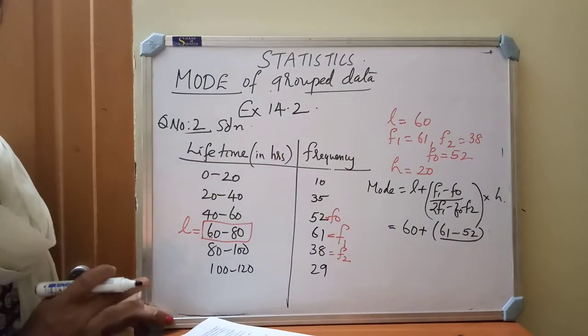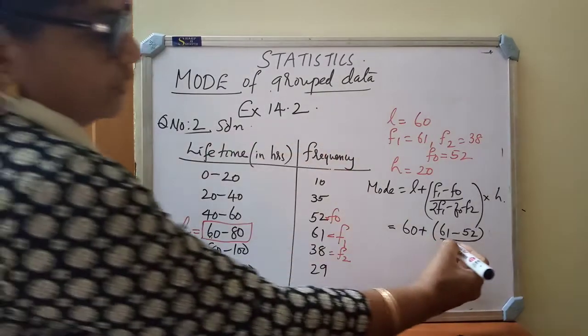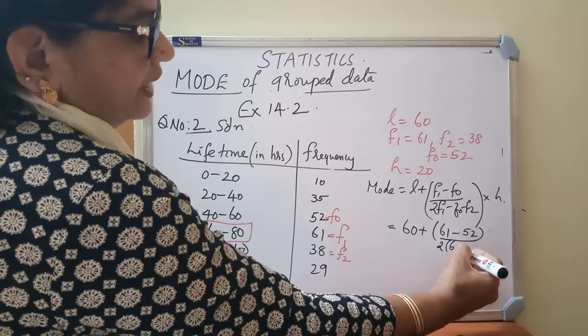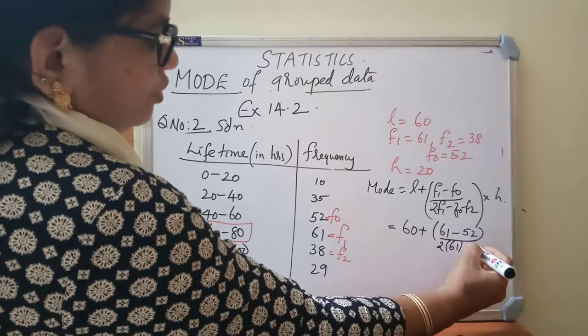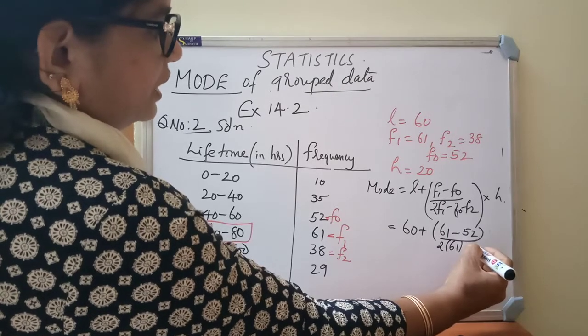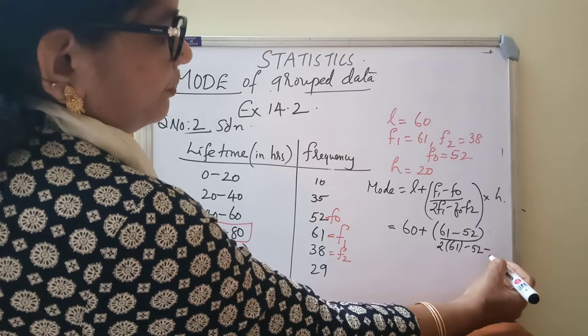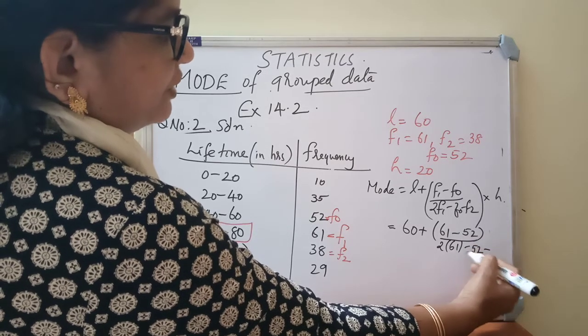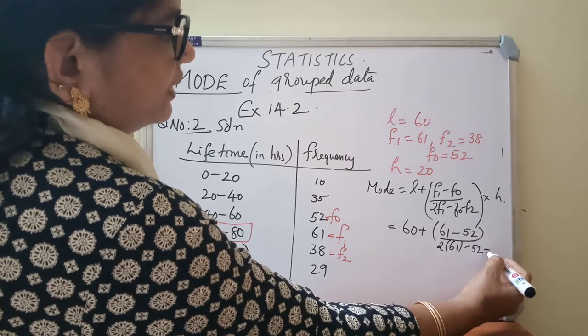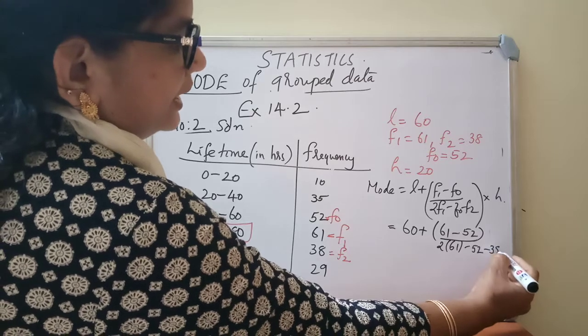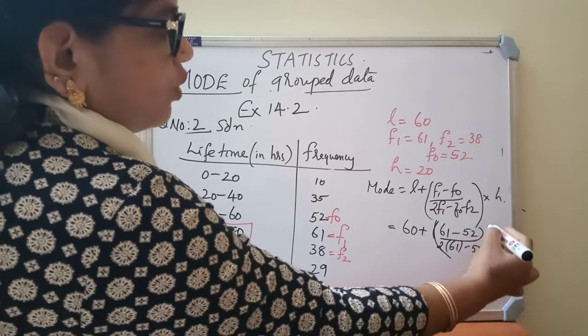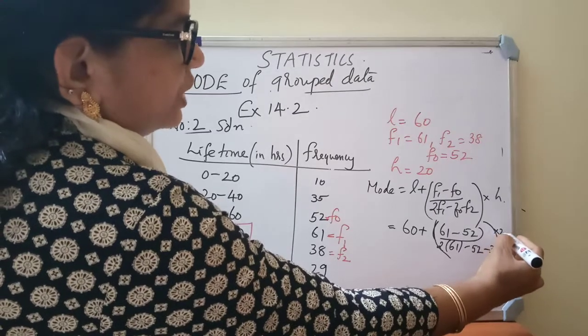Then 2F1, 2 into 61, minus F0, minus F2, isn't it? So F0 is 52, 2F1 minus F0 minus F2. What is our F2 value? 38. This whole into H, 20.